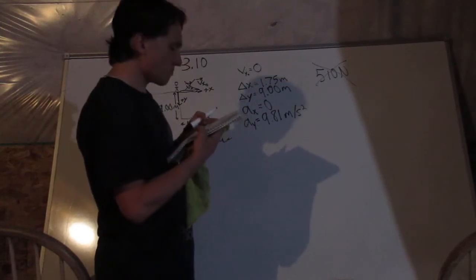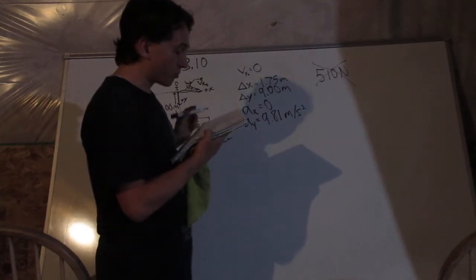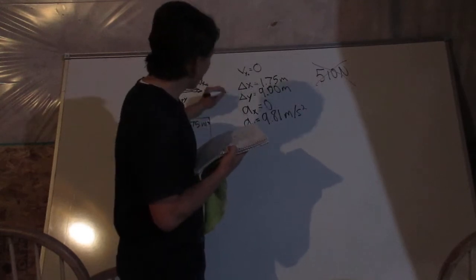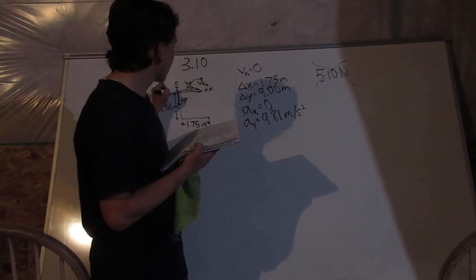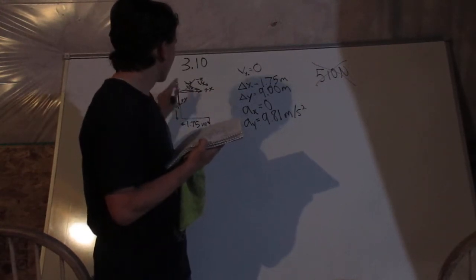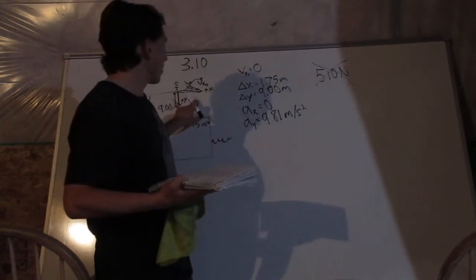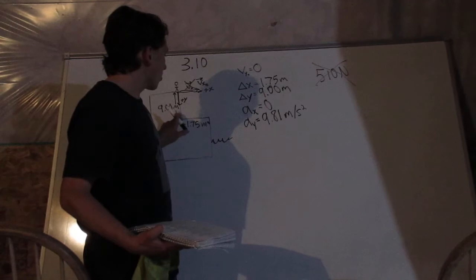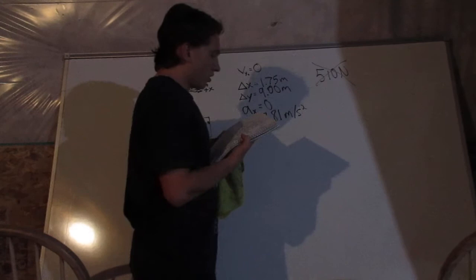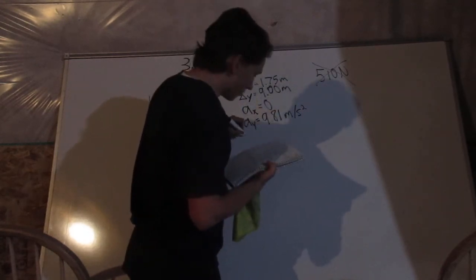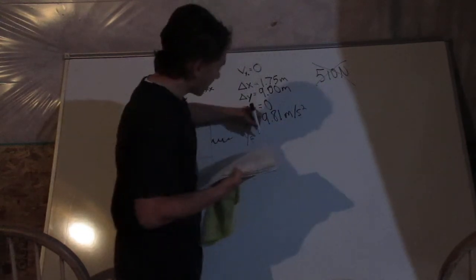So, if we look at that, we can pull up some handy equations to help us solve for the things we want. First of all, we want to know how long it is going to take for her to fall from 0 to 9.0, because that's the amount of time that she needs to go 1.75 meters in the x direction. So we have this handy equation.